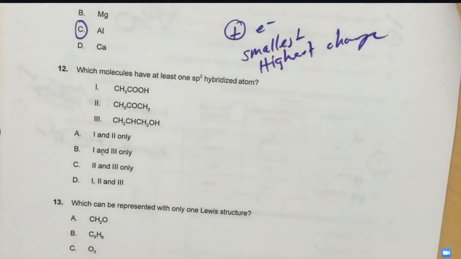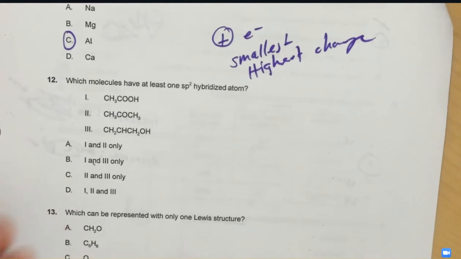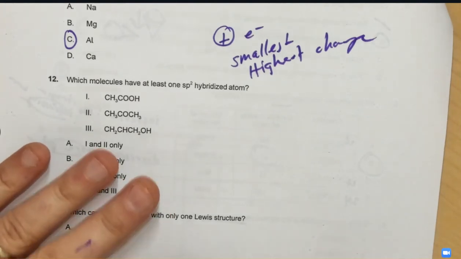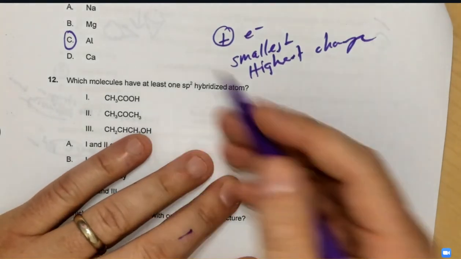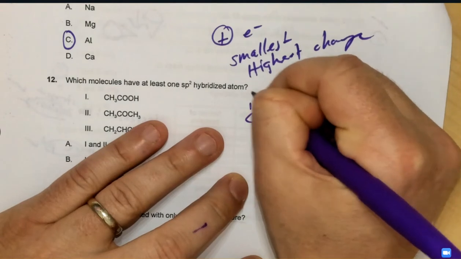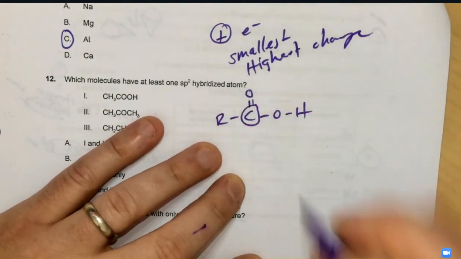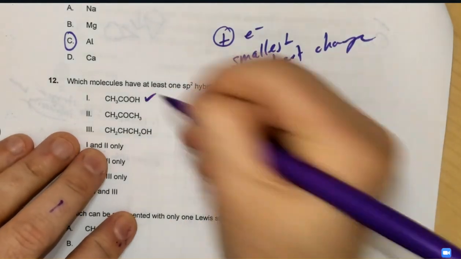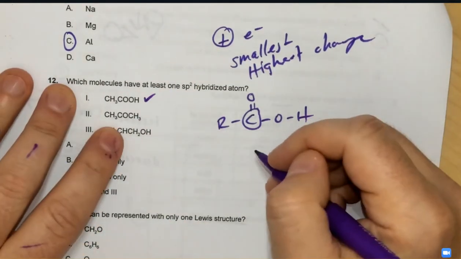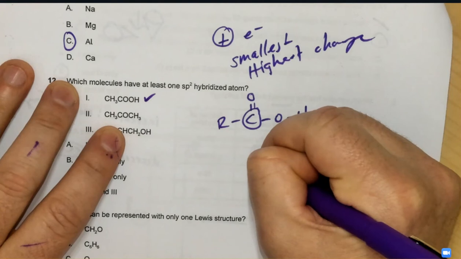Which molecules have at least one sp2 hybridized atom? Remember, to have sp2 hybridization, you have to have 3 domains around you. So we notice here the carboxylic acid has the carboxyl group. That carbon has 3 domains, so it is sp2 hybridized. This here is the ketone.